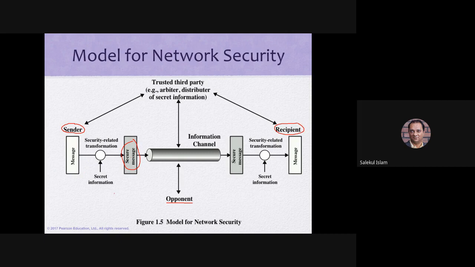But the idea is you need two things. One is some transformation, that means the algorithm, and you need some secret information, or you can think of it as some key, say K. K is the key.